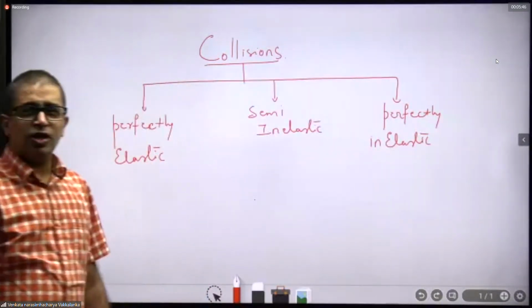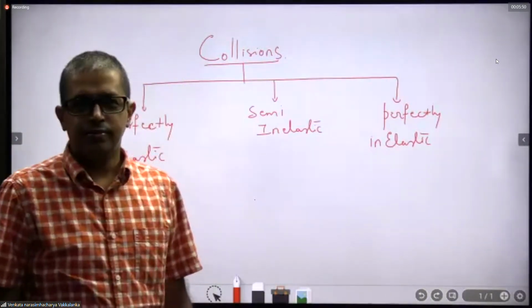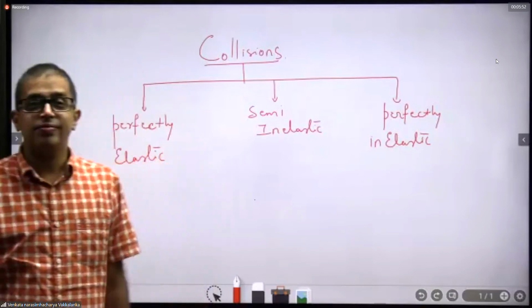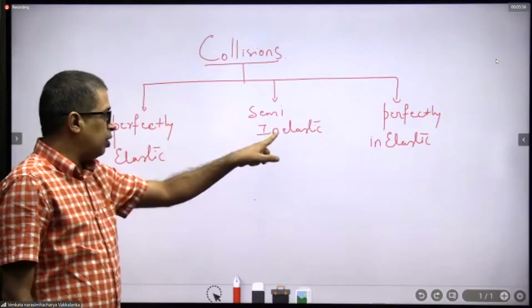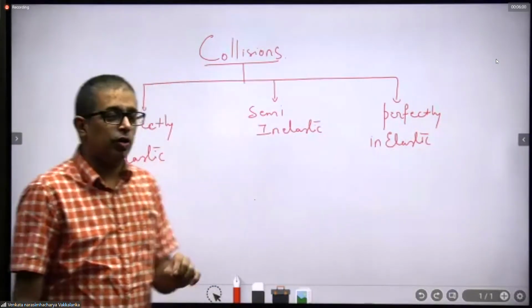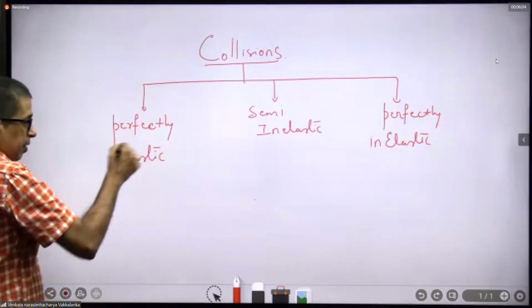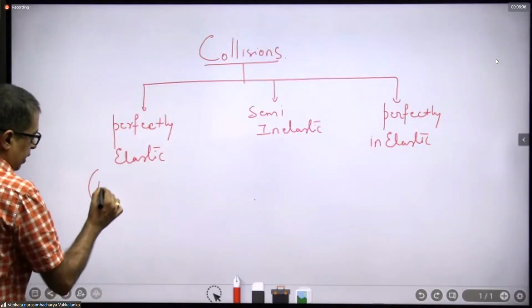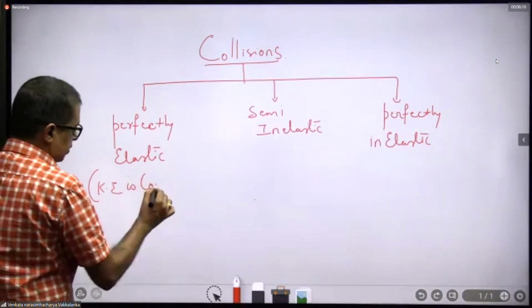Perfectly inelastic collision, which will also be referred to as plastic. Agreed? Perfectly elastic collision, semi-inelastic collision, perfectly inelastic collision. What is the difference between the three? In a perfectly elastic collision, kinetic energy is conserved.